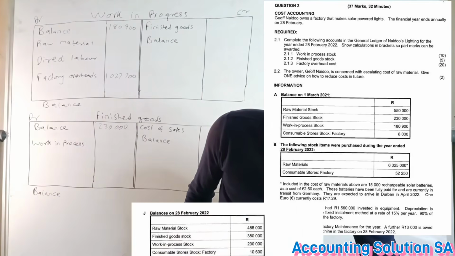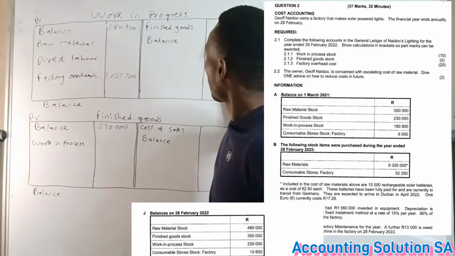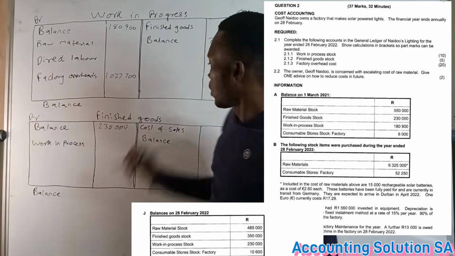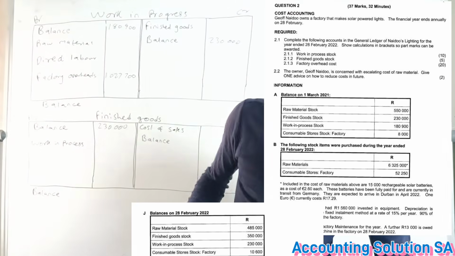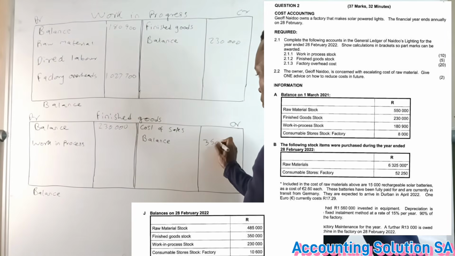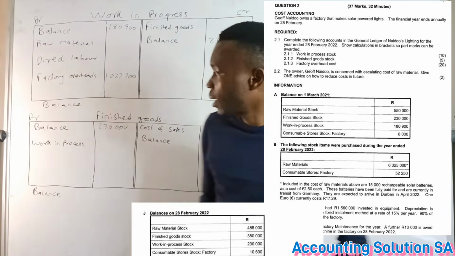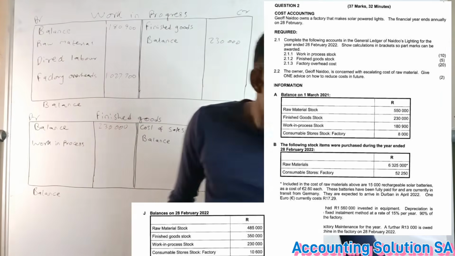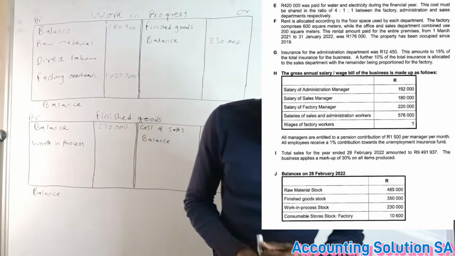Closing balances for work in progress, we have 230,000. And for the other account, we have 350,000. All right.